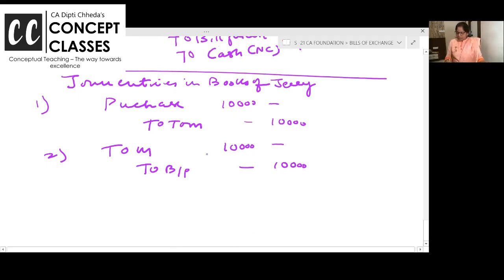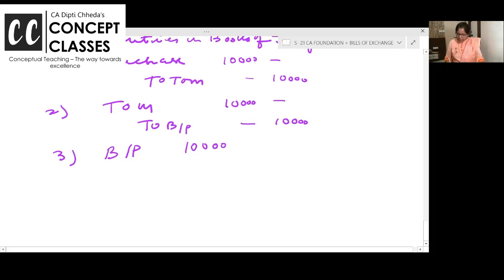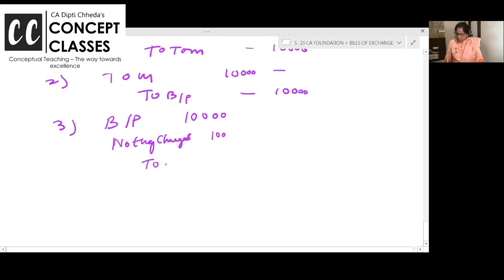Purchase to Tom. Tom to bills payable. And the third should have been, dear students, bills payable to bank. But there is no money. So bills payable is cancelled by debiting. Noting charges debit 100 to A 10,100.